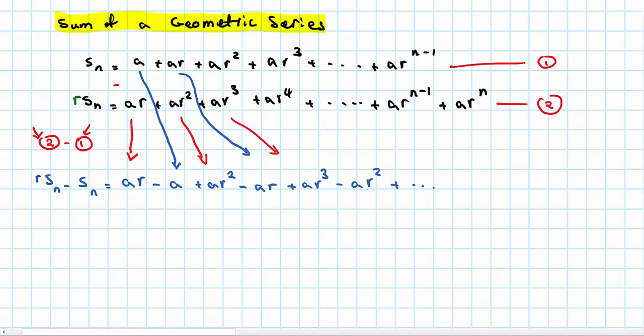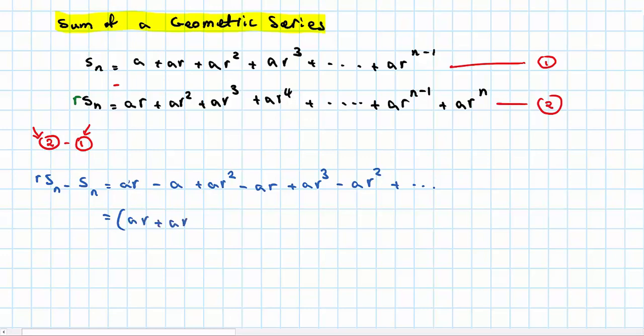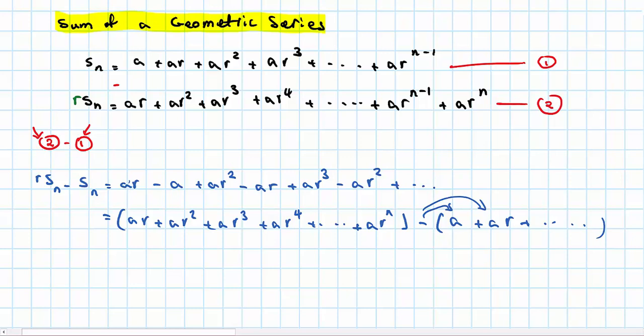Another way of doing it, which might make it a little bit easier to see, is if I just write the second line down, minus the top line, and that minus gets multiplied by every term inside the bracket.